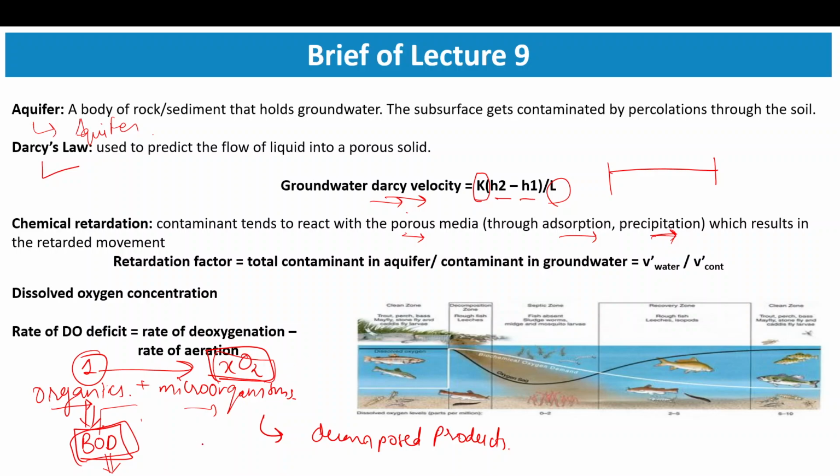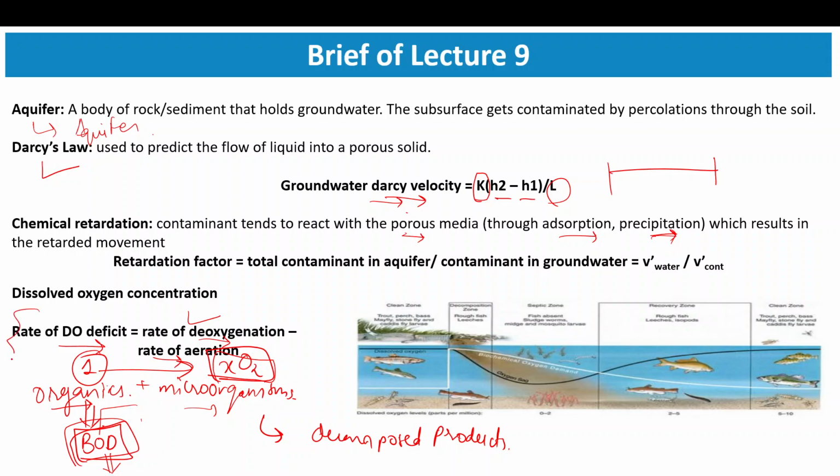Since this will result in some consumption of oxygen in the water, there will be a deficit, or a deoxygenation rate in the water body. Again, this water body is exposed to the atmosphere, which will continuously absorb oxygen. Deoxygenation is the consumption of oxygen by the organics, and there will be a certain rate at which oxygen is added back.